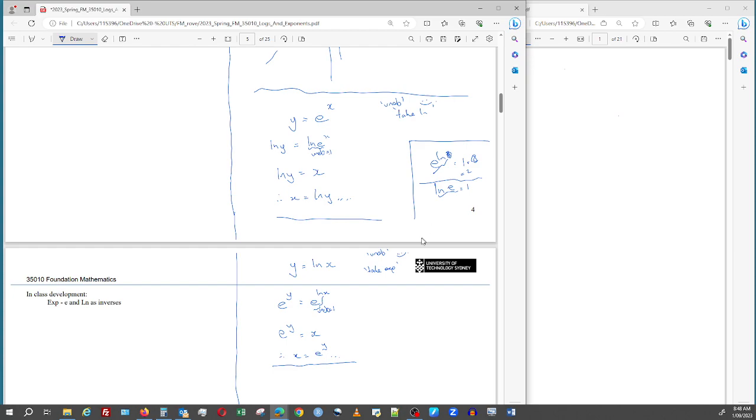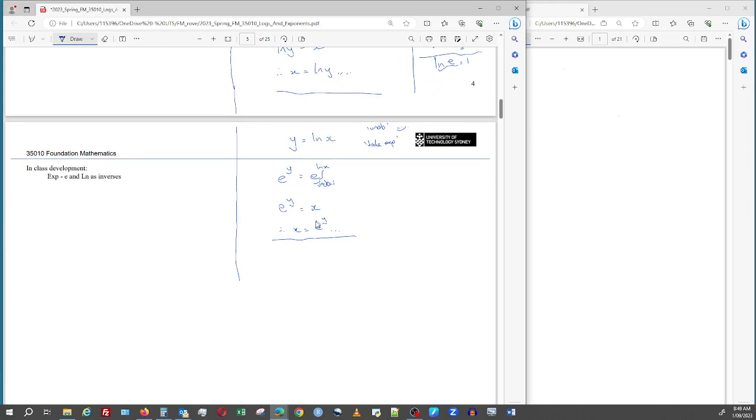So one of the things that happens with conventions is that we put things in conventional form. So, for example, ln is the log base e. It's just the form that it's been presented in. So when you see ln on your maths calculator, what you're actually seeing is log base e.